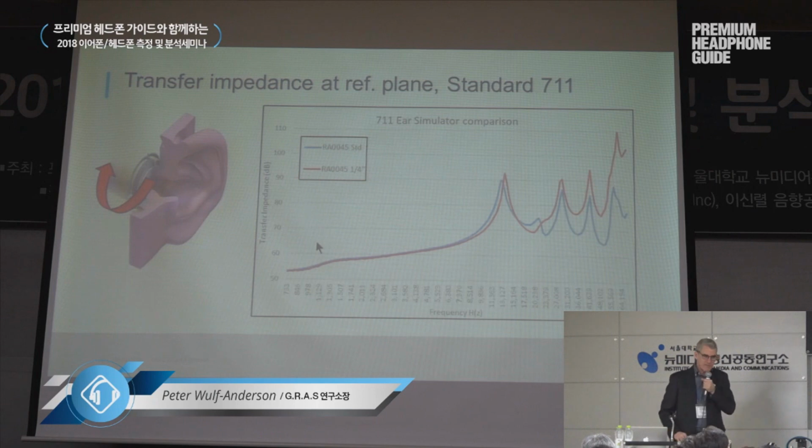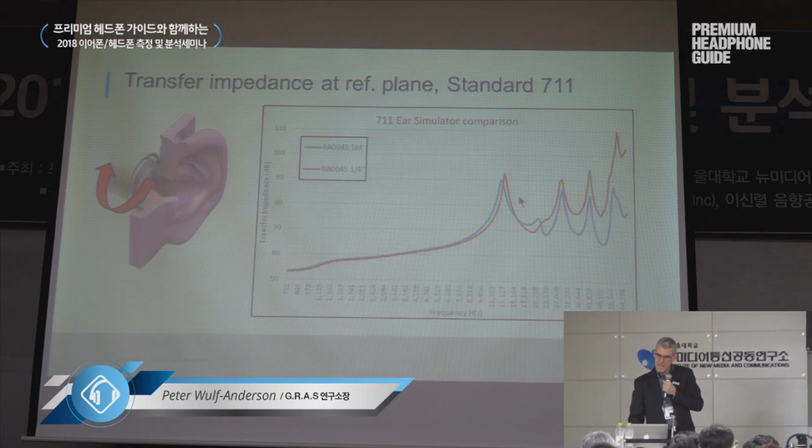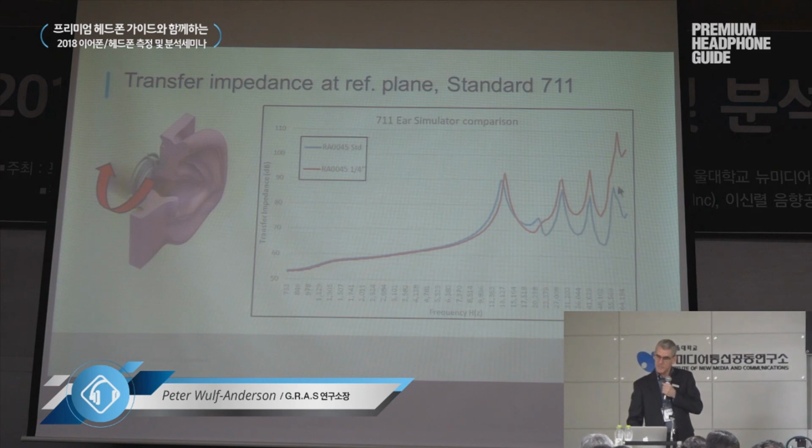If we take the first one and take a look at this, the red curve here shows how it looks all the way up to 70 kilohertz when you measure with a quarter-inch microphone mounted in the ear coupler. And the blue curve shows what happens when you have the traditional half-inch microphone.